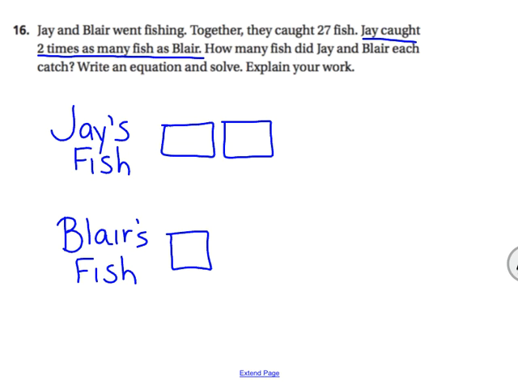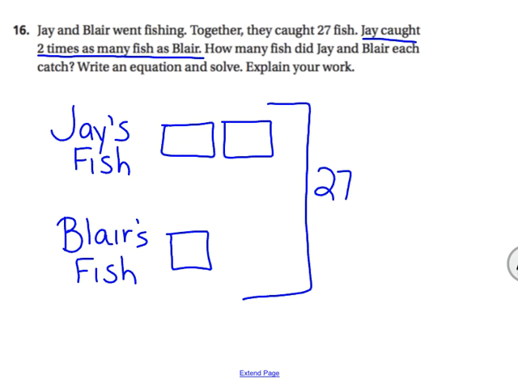So to represent that total on my bar model, I have to draw my bracket along the side because it's for both of them together. And together they caught 27. Okay, so now I have a whole bunch of empty bars and one number, 27.